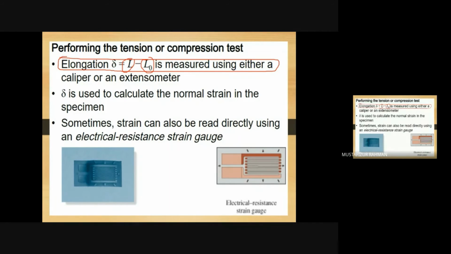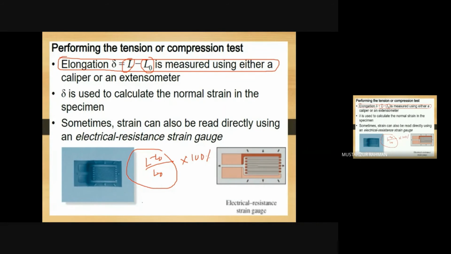Now L minus L naught divided by the original length gives the percentage increase in length with respect to the original length. If we multiply it by 100, we get the percentage elongation.